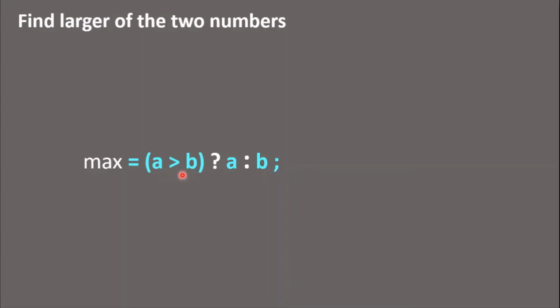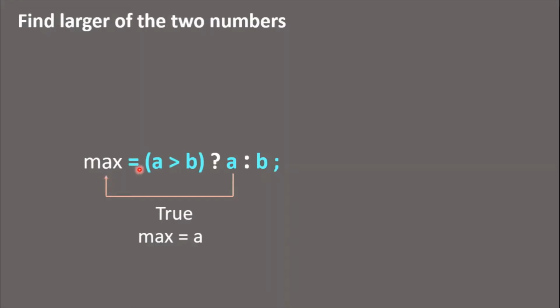If this condition is true, it means that if the value of A is greater than the value of B, then A will be stored in max. We want to store the maximum value in max. And if A is greater than B, it means that A has the maximum value. So A will be stored in the max variable. So when the condition is true, max is equal to A.